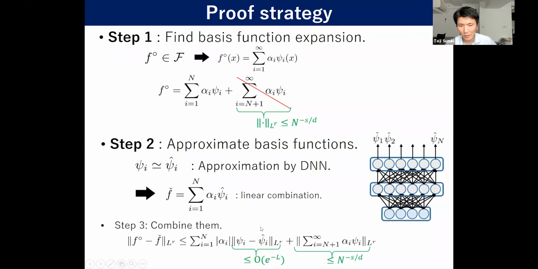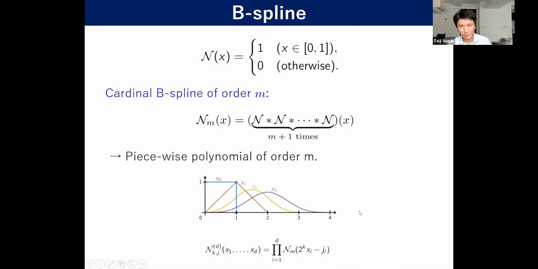This is because a deep network has an exponential expressive power. Okay, then the second term is coming from this term. It is basically bounded by polynomial order in the number of basis functions n. Okay, so then we obtain this rate of convergence.